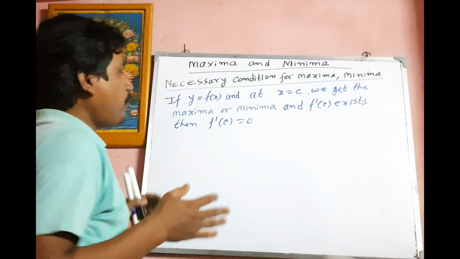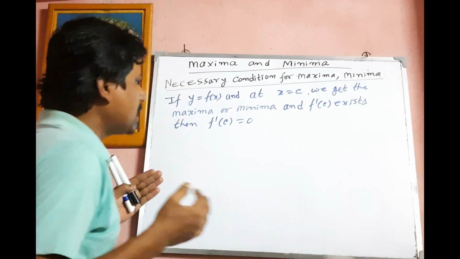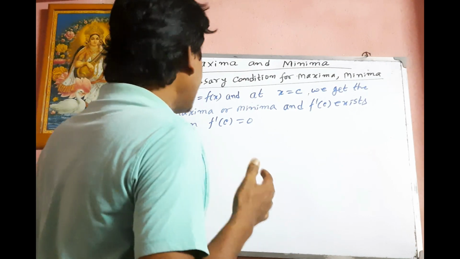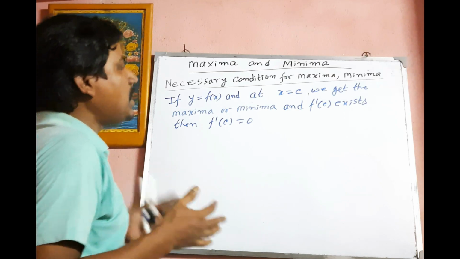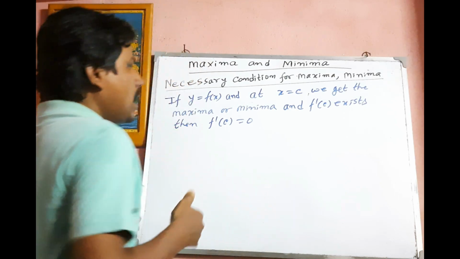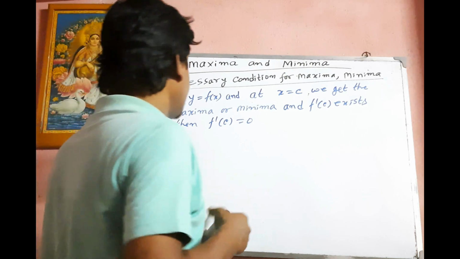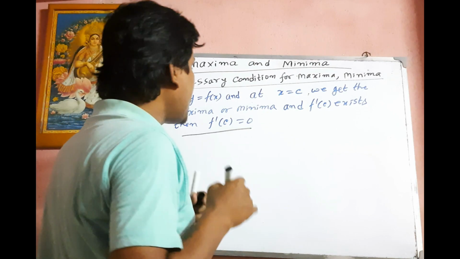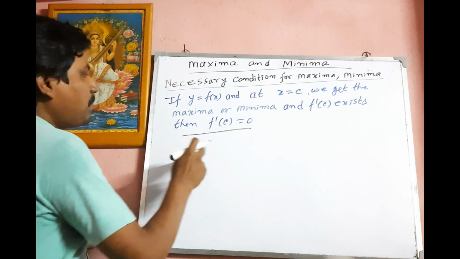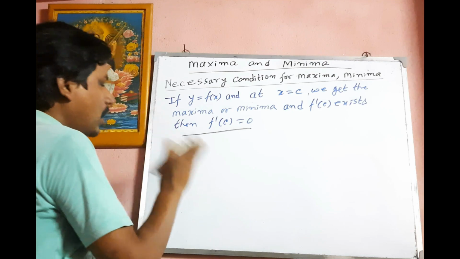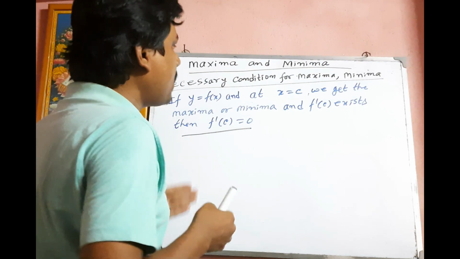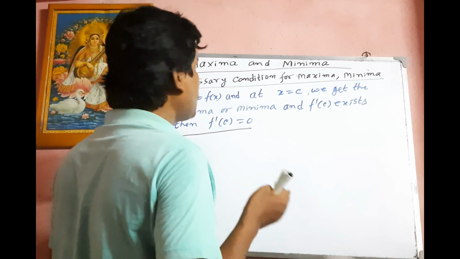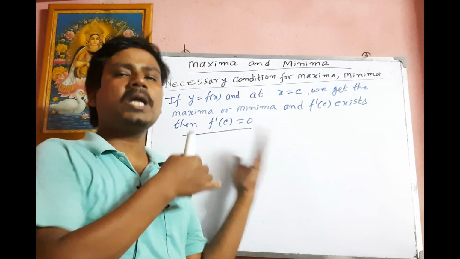If y is equal to f(x) is a given function, and at the point x is equal to c we get the maxima or minima, and if f dash c exists, then f dash c must be 0. That is, f dash c will be 0 if we want to find the maxima minima value. This is called the necessary condition for maxima minima. Okay, we will move to the next.